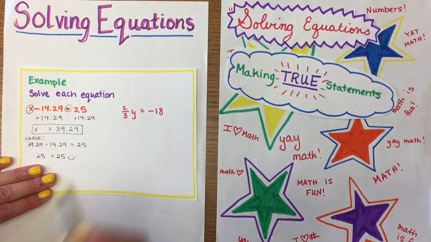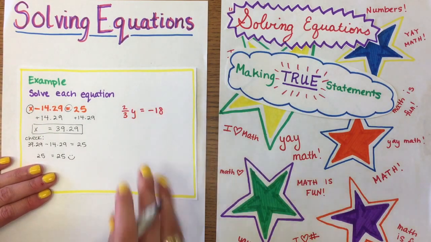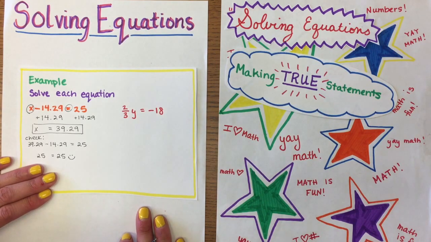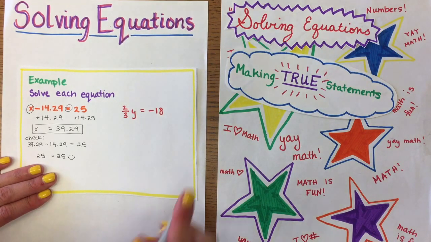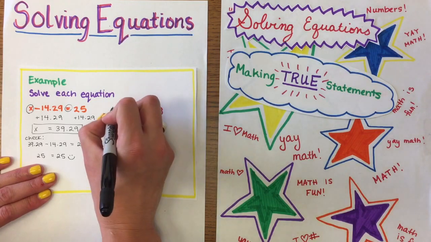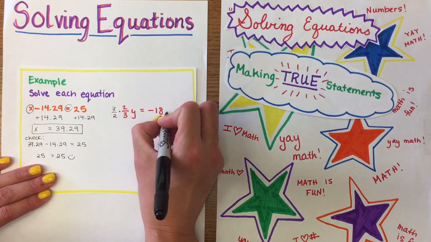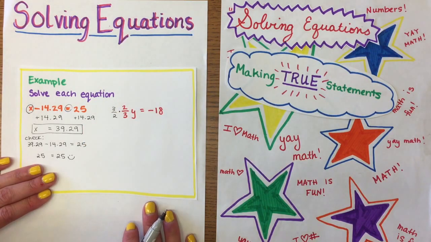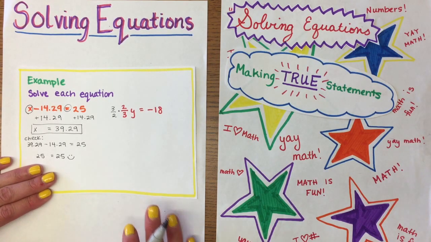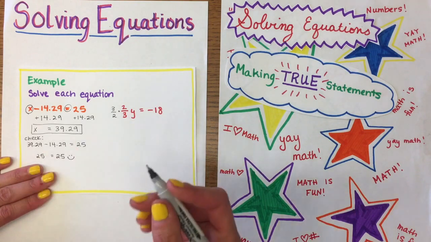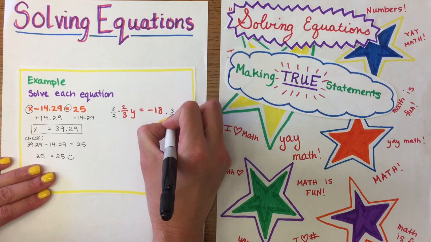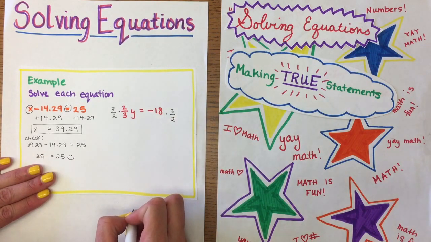In our next question, I have 2/3 y is equal to negative 18. I'm going to multiply both sides of this equation by the multiplicative inverse, because if I want to get rid of 2/3, I should multiply by 3/2. When I multiply one side by something because of the multiplication property of equality, I have to multiply the other side.